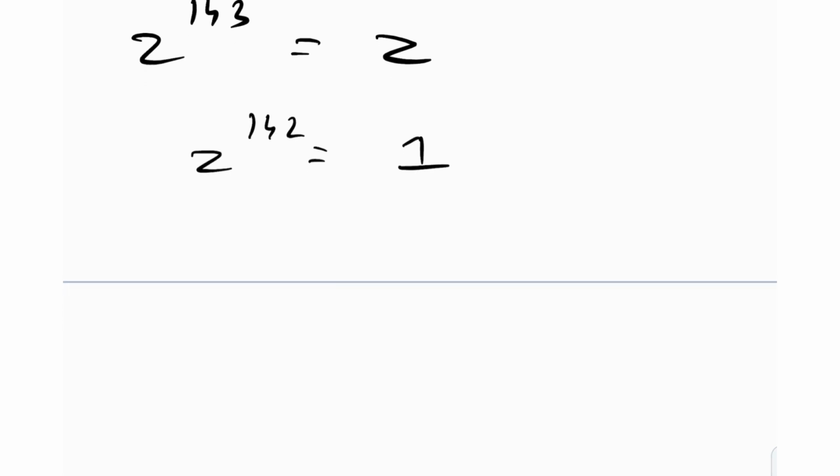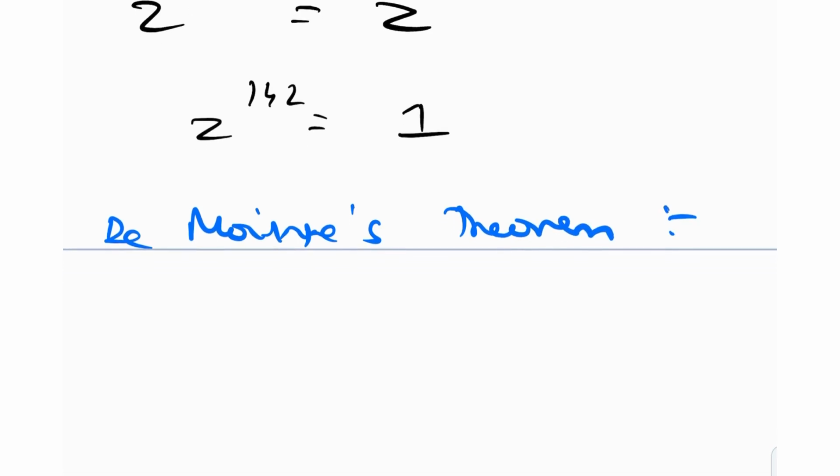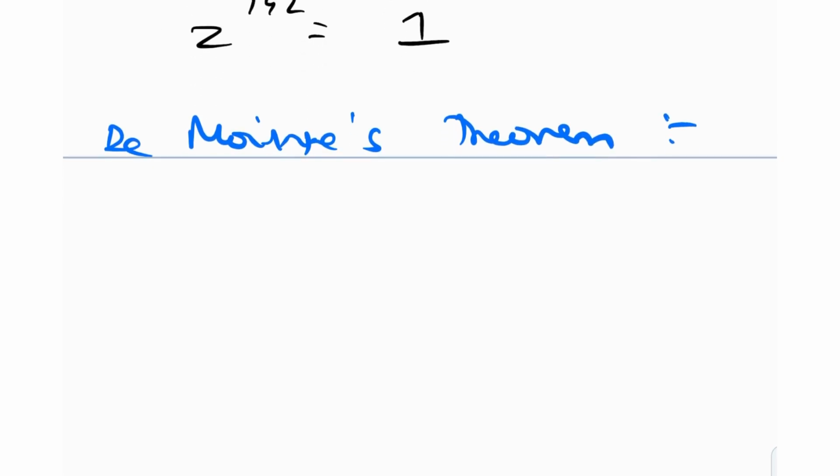Before we deal with how we can work with these 142 roots of unity, let me talk a little bit about De Moivre's theorem. He was a French mathematician, I believe, and he gave this really cool looking theorem.